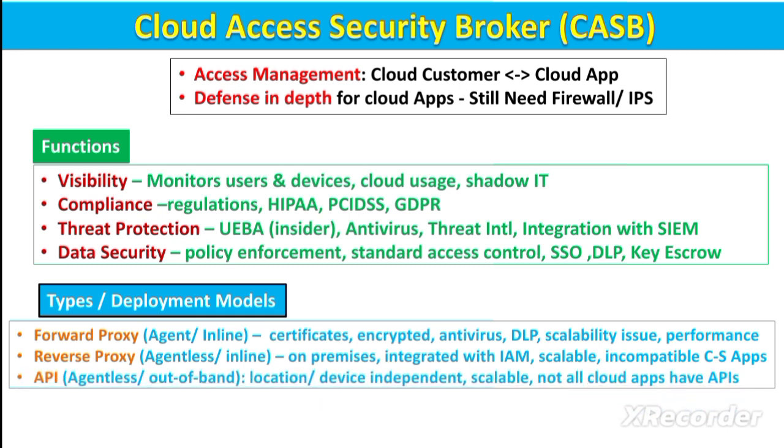Now, the last deployment type is API, or application programming interface, based, and this is also agentless, and this is a passive deployment. So the CASB solution monitors the traffic passively, whereas in the first two deployments there was active monitoring by the CASB solution. However, this is out of band monitoring.